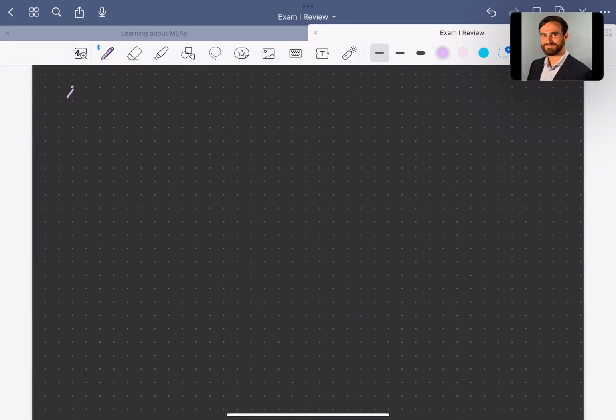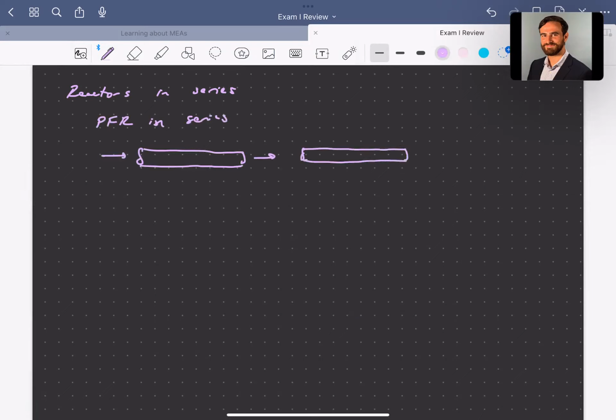Okay, so oftentimes it's useful to combine reactors, either in series or parallel. First let's talk about plug flow reactors in series. So if we had, say, two reactors in series, with, say, Ca1 going into the first reactor, here we'll say that the residence time is equal to 0.